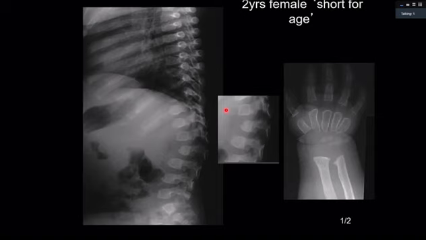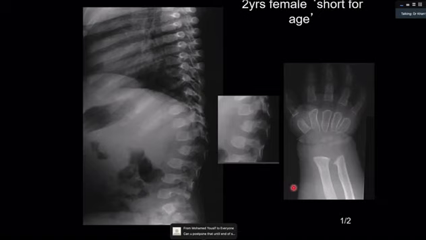Looking at the radiograph of the hand, there's an abnormality at the distal radio-ulnar joint with some erosion of the medial surface of the ulna.